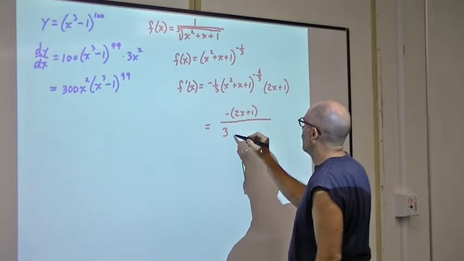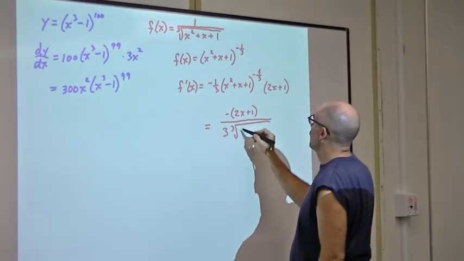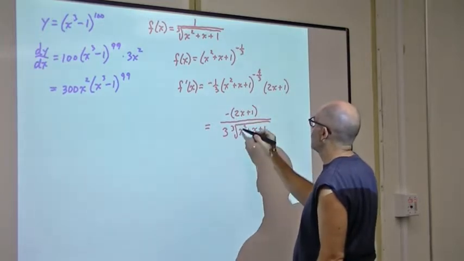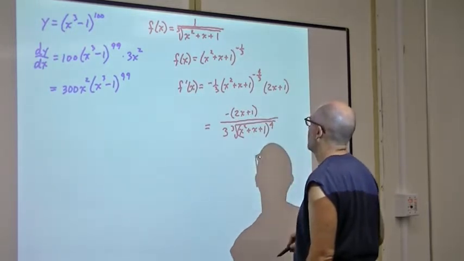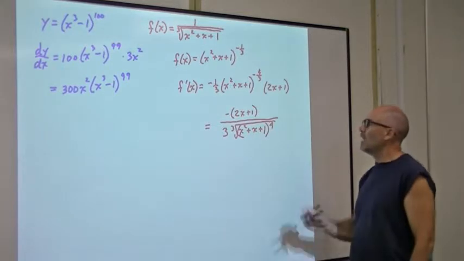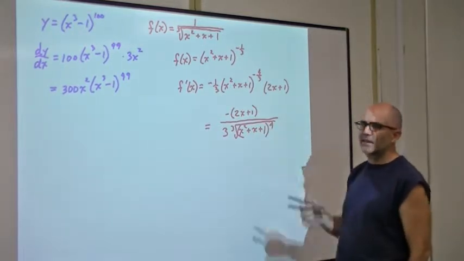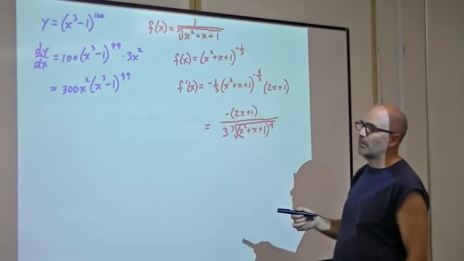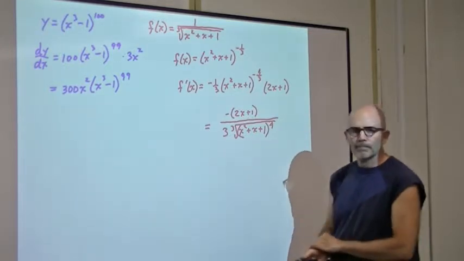So why don't we just go cube root of all this junk to the 4th power. And we could rationalize and get the radical out of the denominator, although it'd be messier to do that. So we just stop right there.